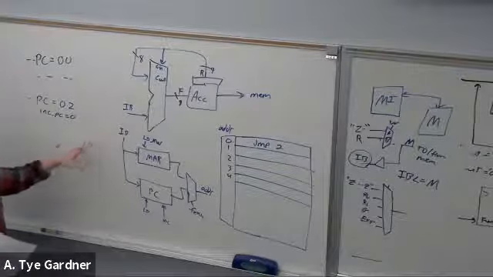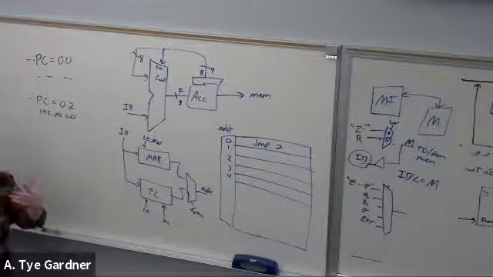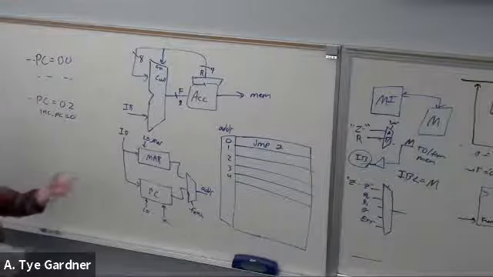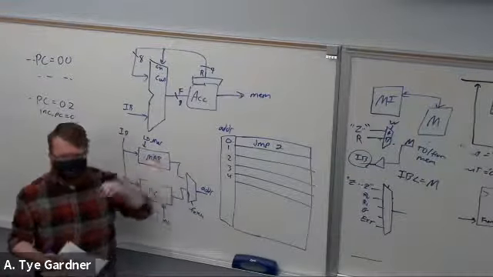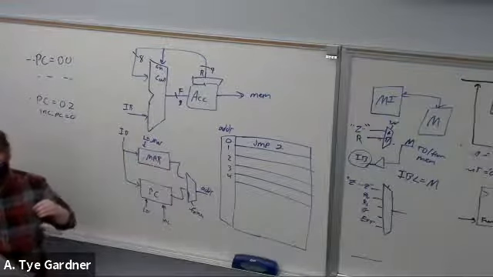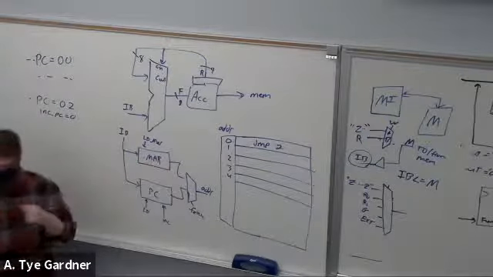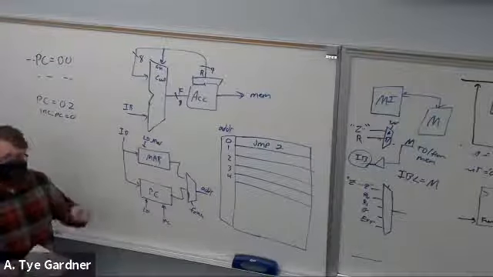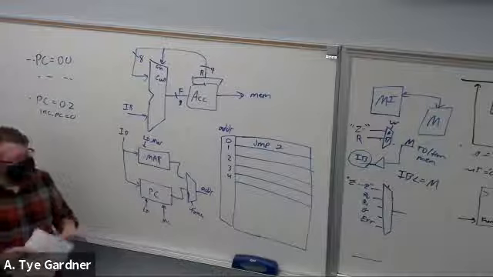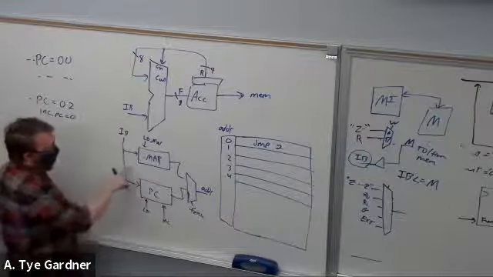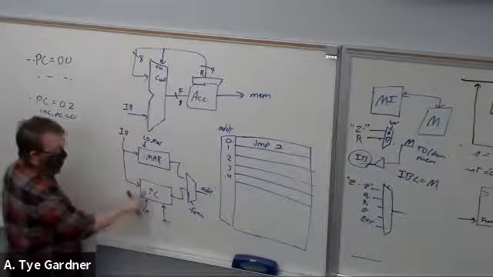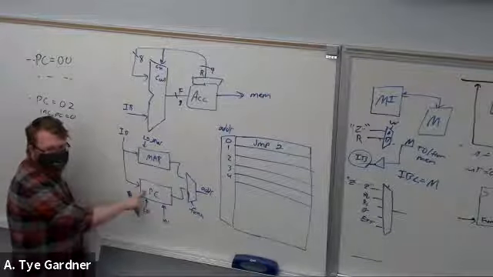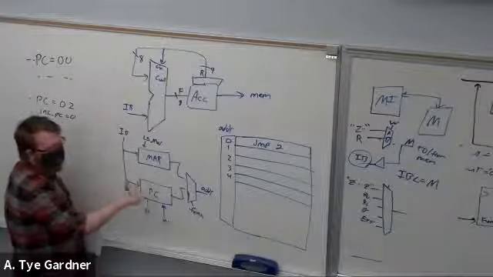So the first step is from memory, it pulls out address 2 and puts that on the internal bus. Without incrementing the process controller, but going on to a different part of that state. So this takes multiple states to do. We have to then load that address into PC.